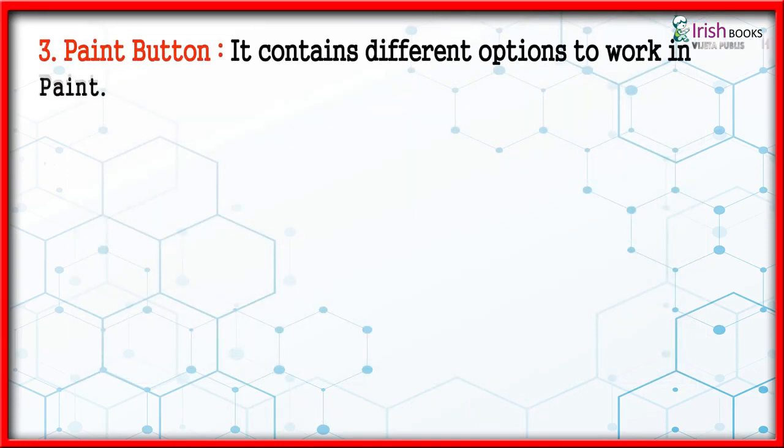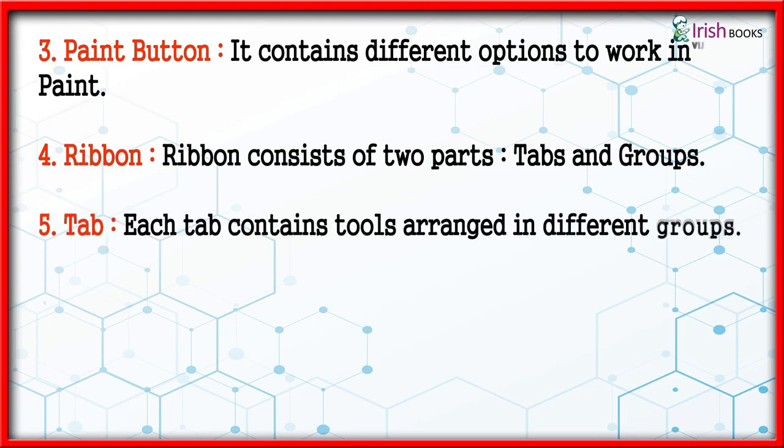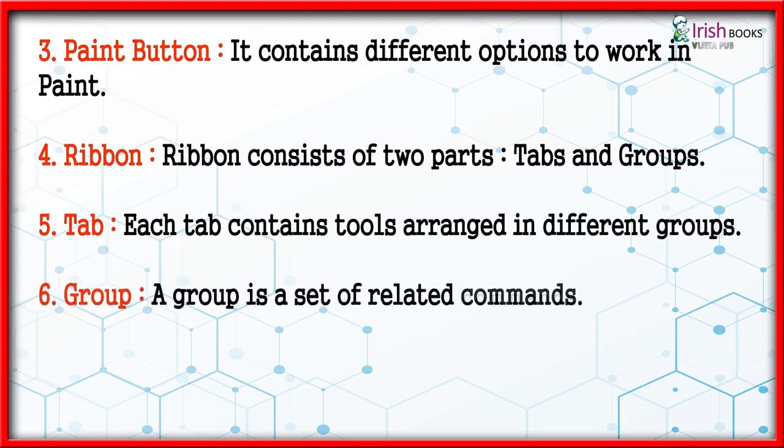It contains different options to work in Paint. Ribbon. Ribbon consists of two parts, tabs and groups. Tab. Each tab contains tools arranged in different groups. Group. A group is a set of related commands.